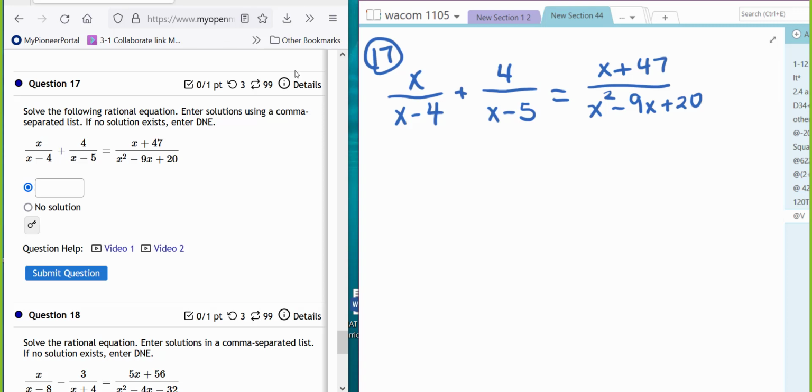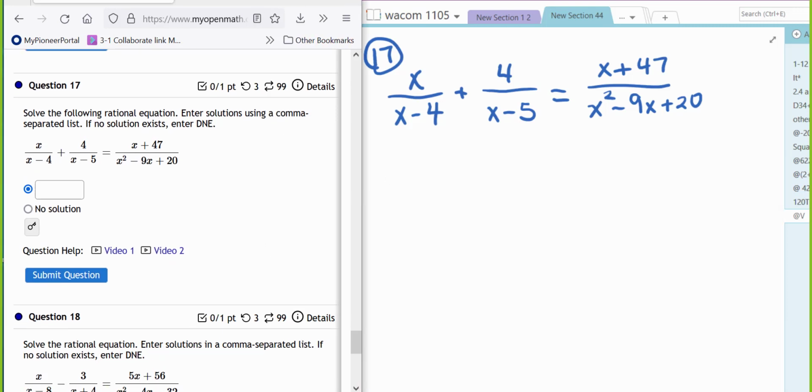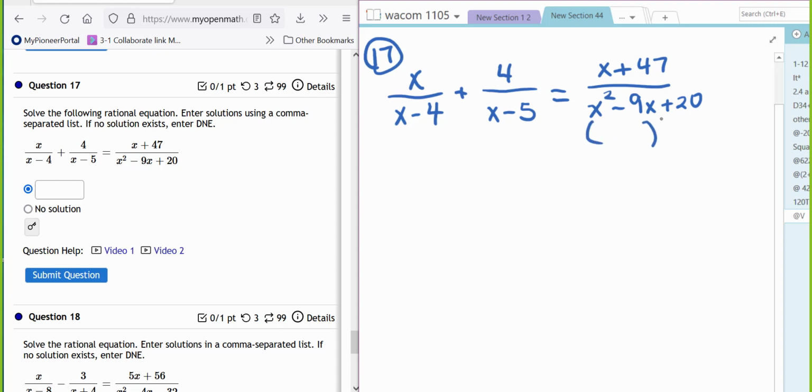I'm going to just move that one over a little bit. Right. So what we want to do is clear out the fractions. So we need to find the LCD. So we need to factor this denominator to see what it's made of. Hopefully it's x minus 4, x minus 5. And it actually is.